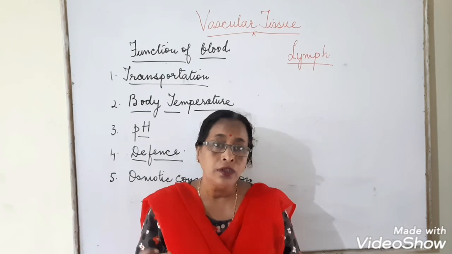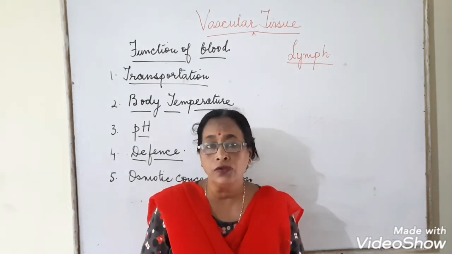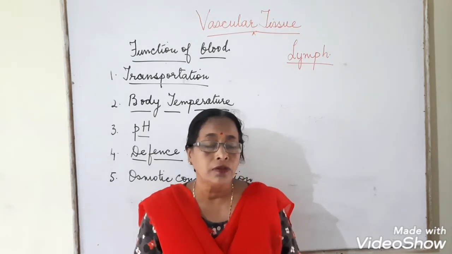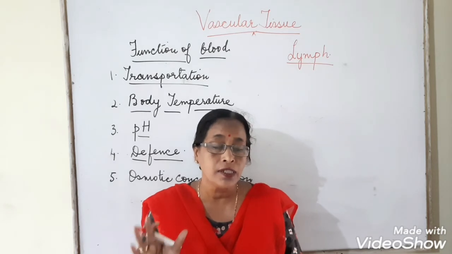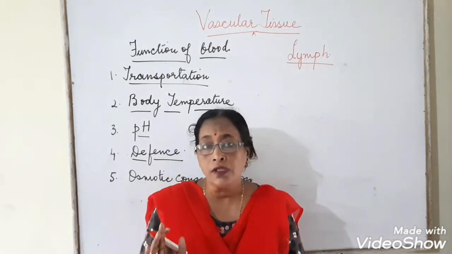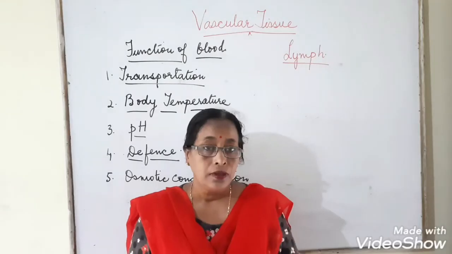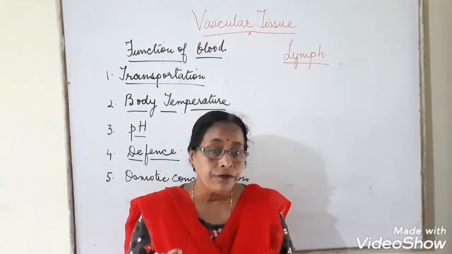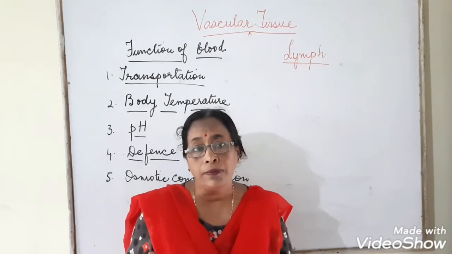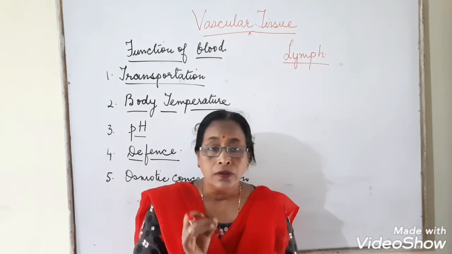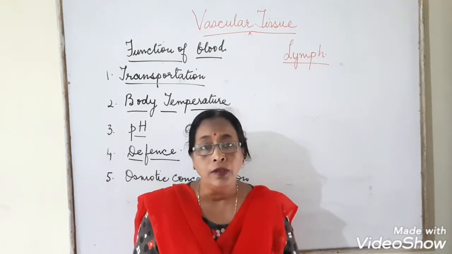It flows in the lymphatic vessels. The lymph consists of the lymph cells, which are known as lymphocytes. The lymph is actually the fluid which has leaked out from the blood capillaries. The lymph is devoid of any RBCs or platelets.